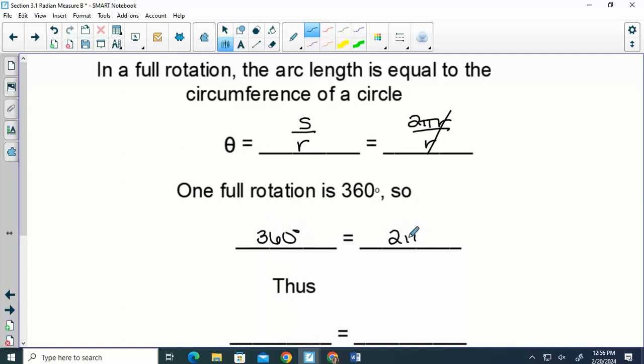In radians is 2 pi. Or if you want to reduce, you could divide by 2. So 180 degrees is equal to pi. If you want to put radians, you can. So to go back and forth, 180 degrees is equal to pi radians. All the way around the circle is 2 pi.